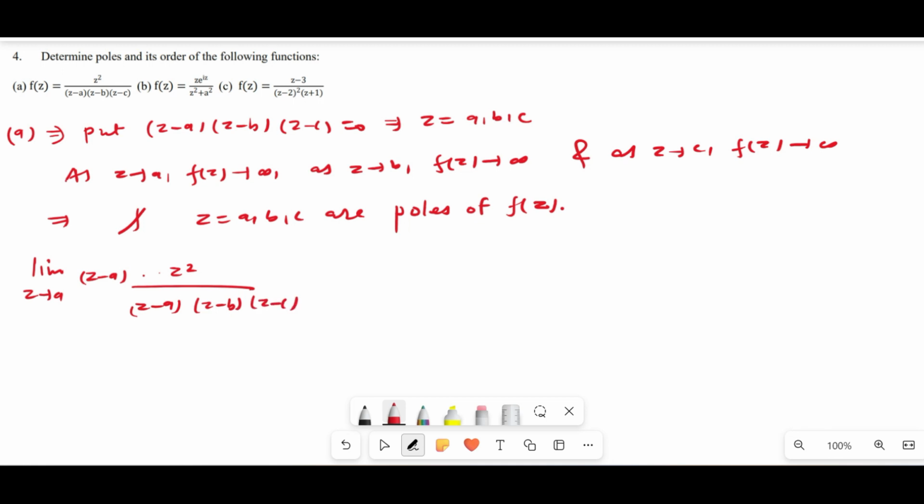So we can see here this factor gets cancelled out, and we can find the limit, that is a square over a negative b and a negative c, which is non-zero. So it implies z is equal to a is a simple pole.